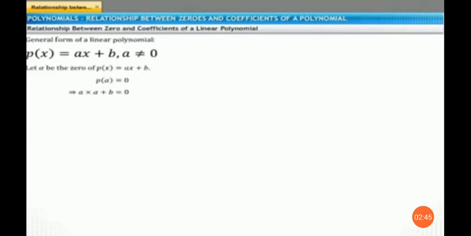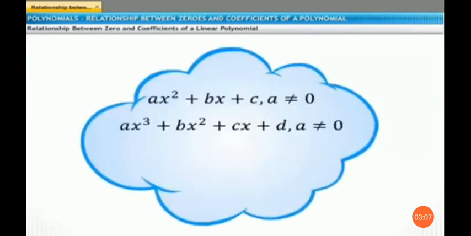Yes, correct. We will get alpha is equal to minus b by a, which is equal to minus constant term by coefficient of x. Understood? This is the relationship between the zero and coefficients of a linear polynomial.